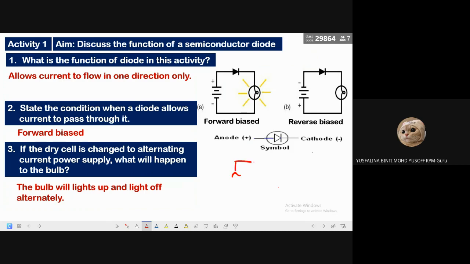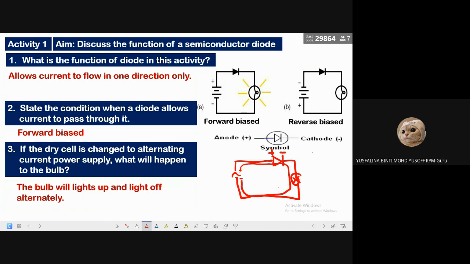Let's say I have a diode here and a bulb here, connected. Alternating current keeps changing direction, so let's say first part positive, negative. Positive here goes here, goes there to complete one cycle.